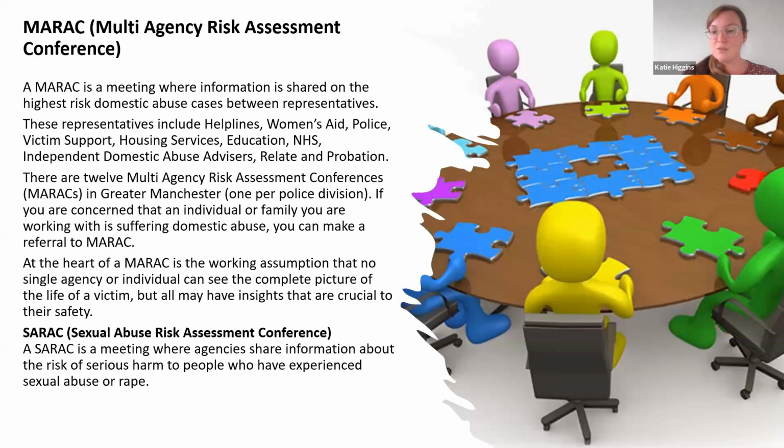It's an open table where you have lots of different professionals in the room, and these can include helplines, Women's Aid, police, victim support, housing services. You might have education, NHS, independent domestic abuse advisors, who come on behalf of the victim, Relate and probation. And that's not a complete list. There may be other professionals in the room as well, but just to give you examples for this evening's webinar.